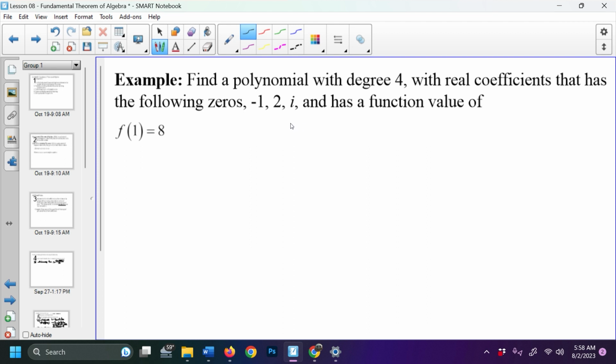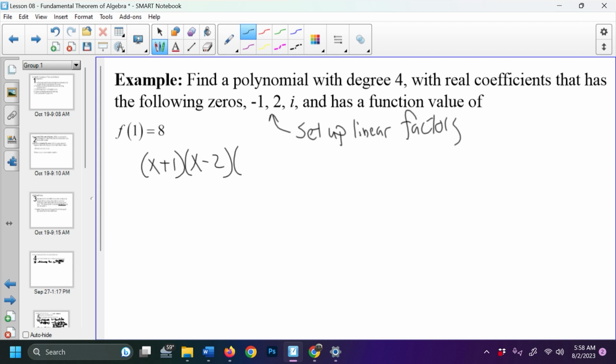So we will set up our linear factors. And we will set them up. The first one is x plus 1, and then we'll have x minus 2, and then we'll have x minus i, and then we'll have x plus i.